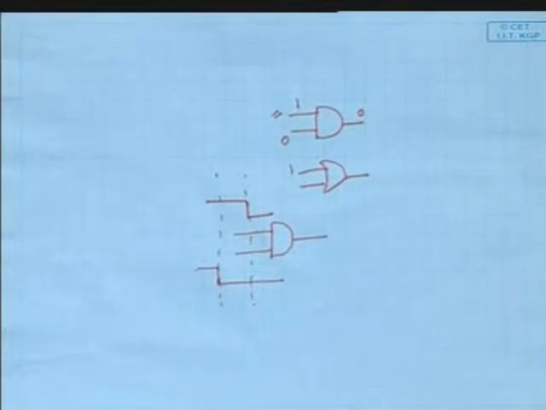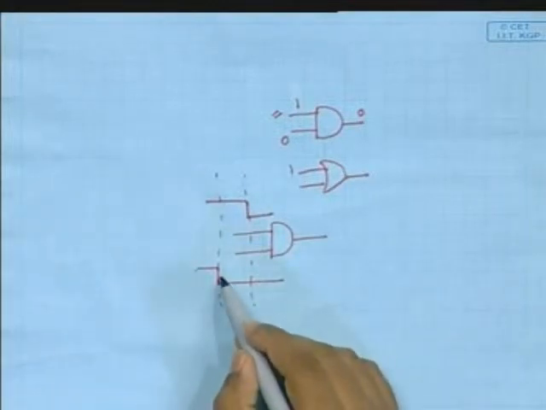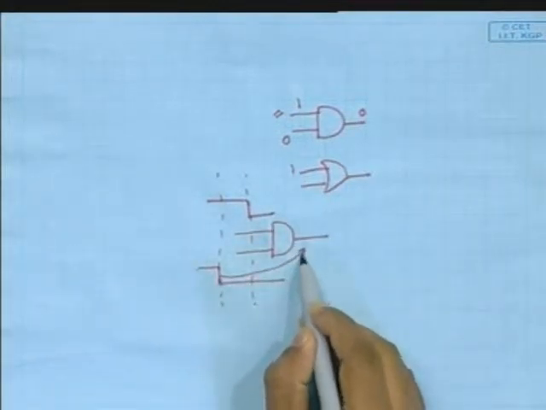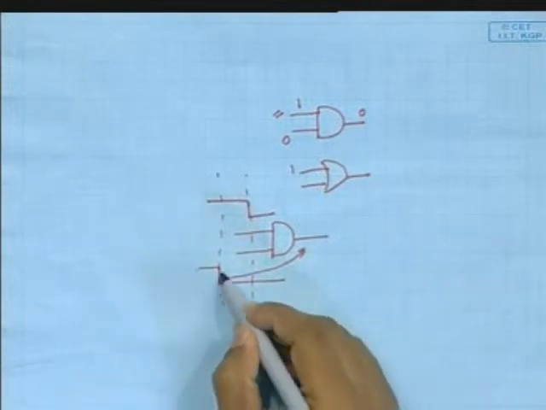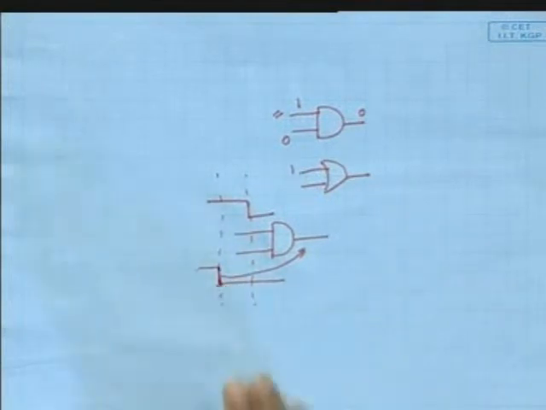Can you tell me which waveform will determine the critical delay here, considering only these two waveforms? This first waveform will determine the delay, because it is the earliest event. One important thing: this goes to the controlling value, so it determines the output.